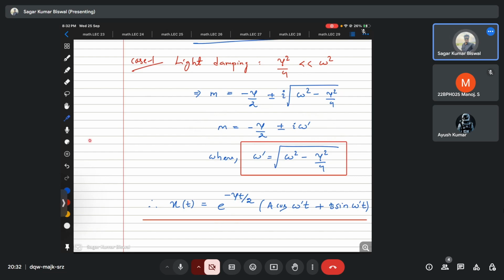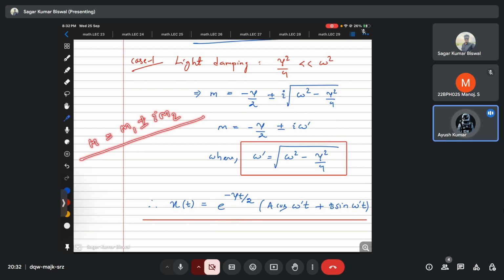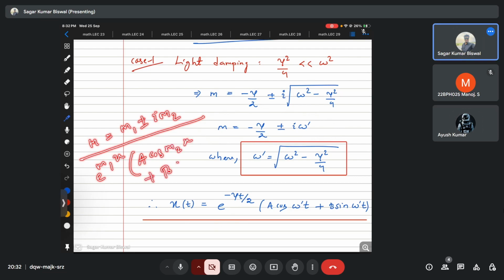If the roots are m equals m1 plus minus i m2, then what is the solution? Yes, very good. This was the solution, and we applied this method here.